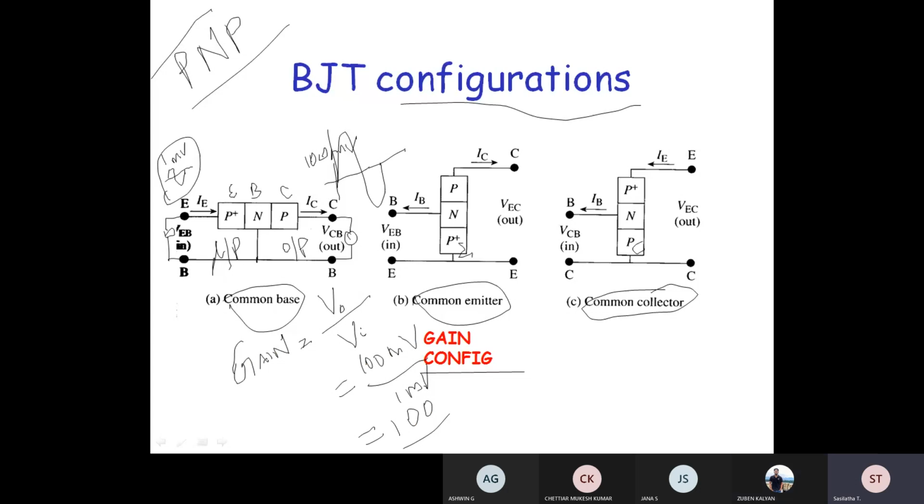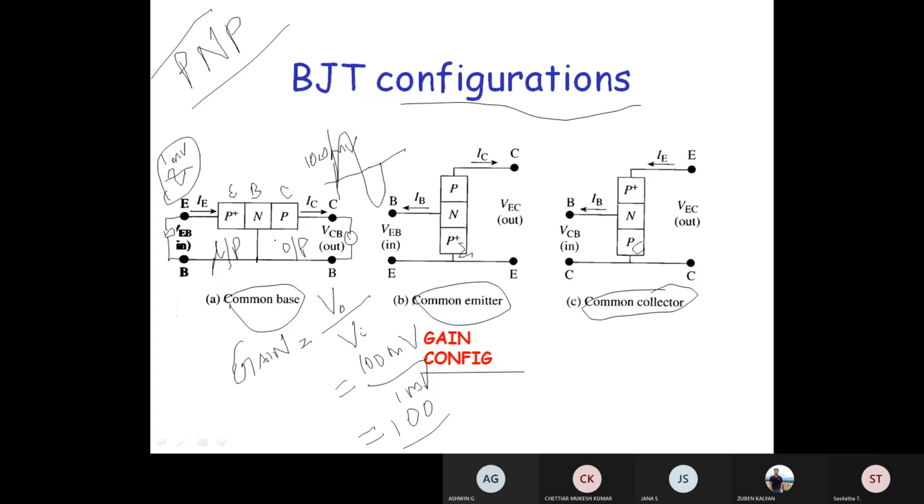Yes, ma'am. Okay, now let us see how it is doing amplification. The process I did not explain: because of the application of the potential, how the current will be flowing and what will be the movement of the charge, I have not explained.